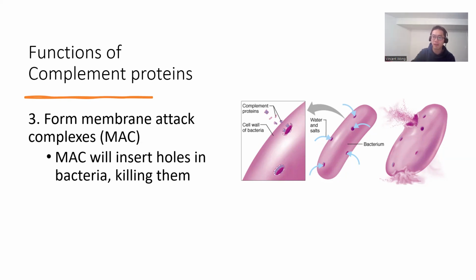And when the bacterial cell wall is punctured, the bacteria will leak out all of its content and it dies. Okay. So there are many different functions of complement proteins. I only gave you three as examples. The first two, the chemical trail and the tagging, are kind of passive ability, whereas the third one is more like active attacking of the pathogen.